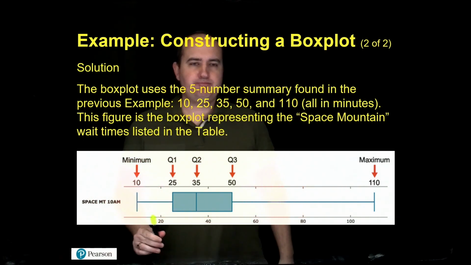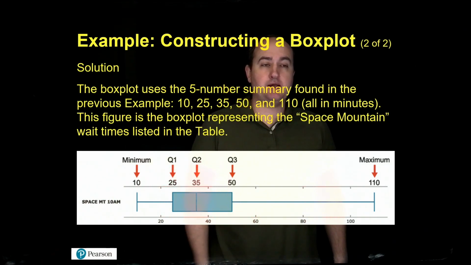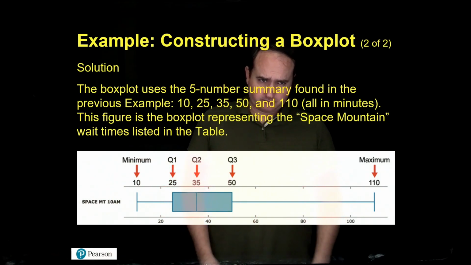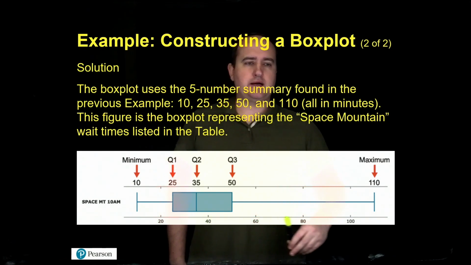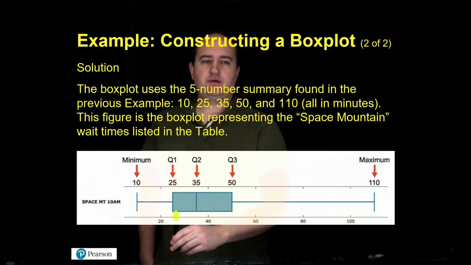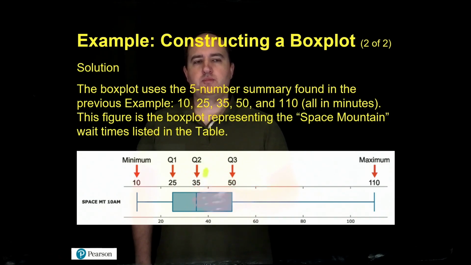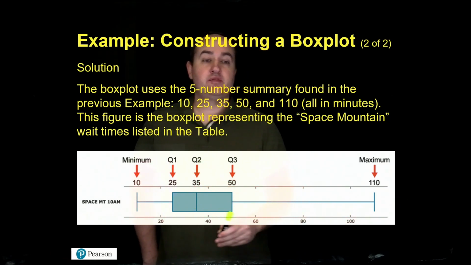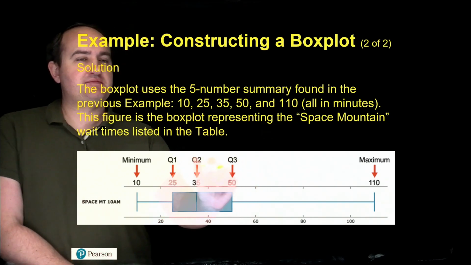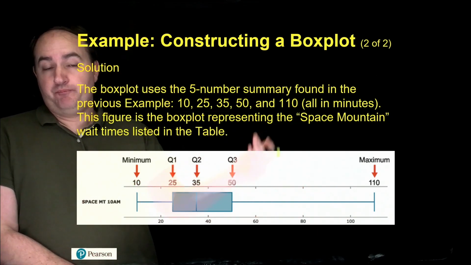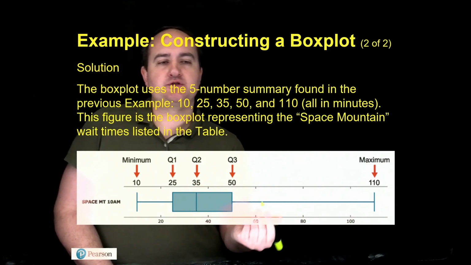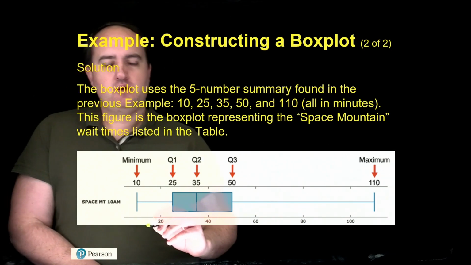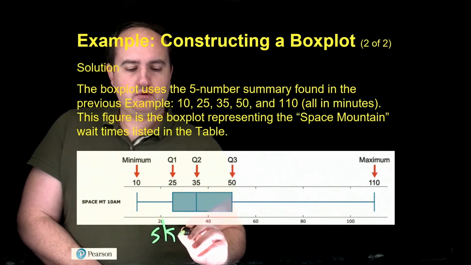If you look at this particular box plot, you'll notice that here is the median, Q2. Well, the tail on the right is much larger than the tail on the left. So we would say that this particular box plot is skewed, and because the tail on the right is larger than the tail on the left, it is skewed right.